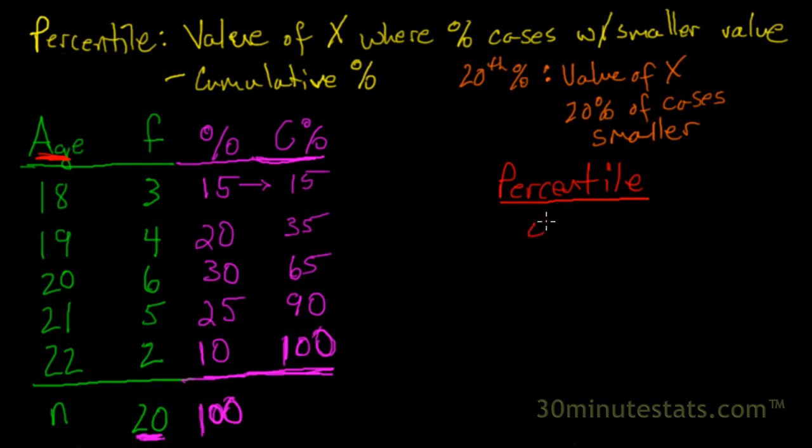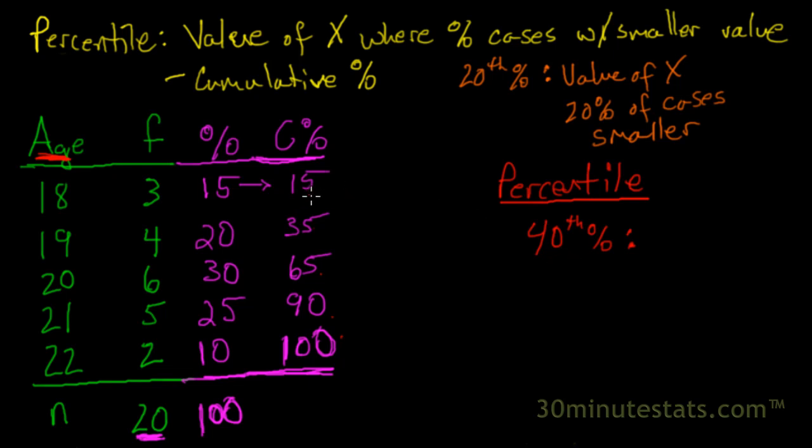So let's say that we're looking for the 40th percentile. What we want to do then is find, moving from the lowest category on up to the highest category for age, the first cumulative percentage row that is greater than the 40th percentile.